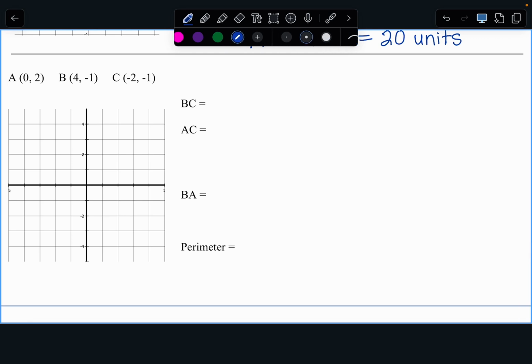This last one's a little different. It gives you the ordered pairs, asks you to graph it, and then find the distance. So point A is 0, 2. Point B is 4, -1.